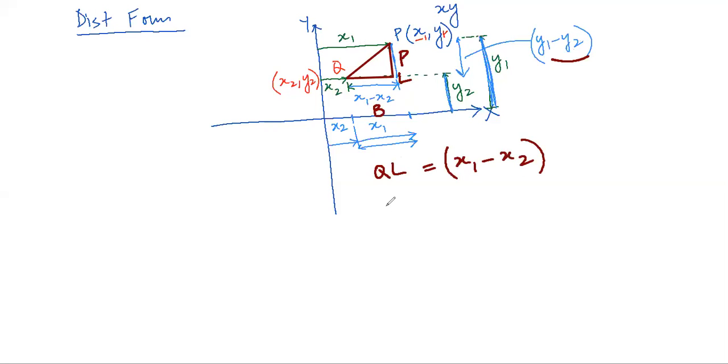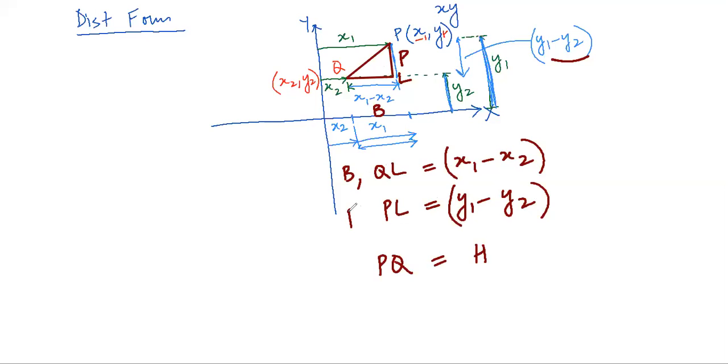And what is the perpendicular? Perpendicular is PL, which is equal to y1 minus y2. Now, what is the distance PQ which we want to find out? In this right angle triangle, this PQ distance is the hypotenuse. QL is the base, PL is the perpendicular.